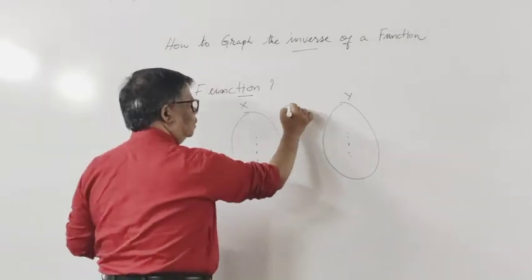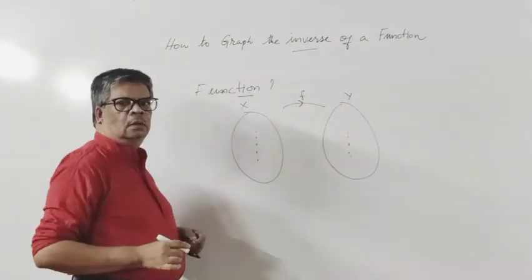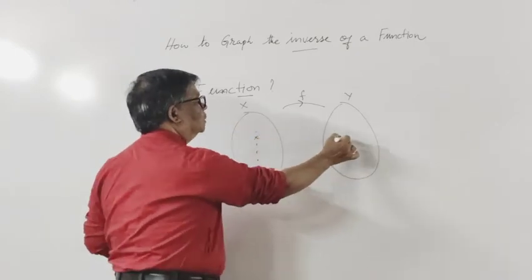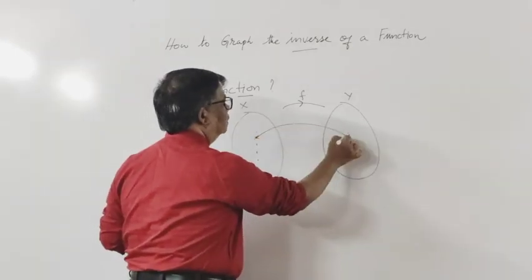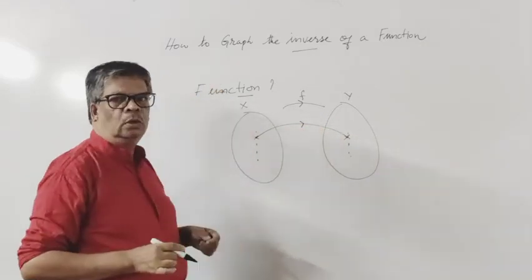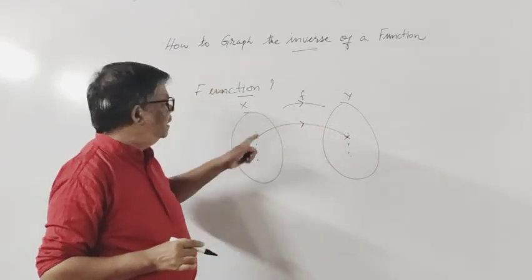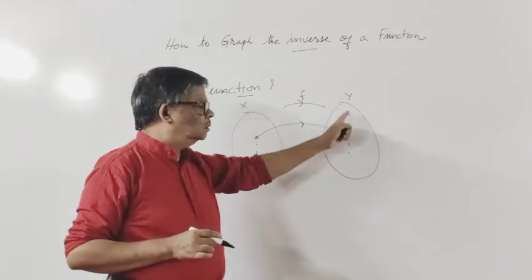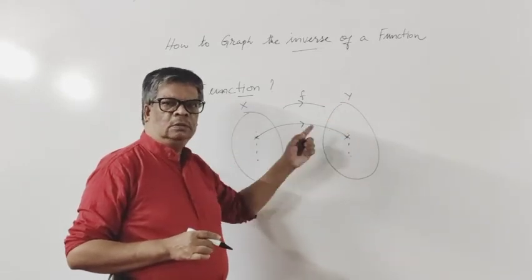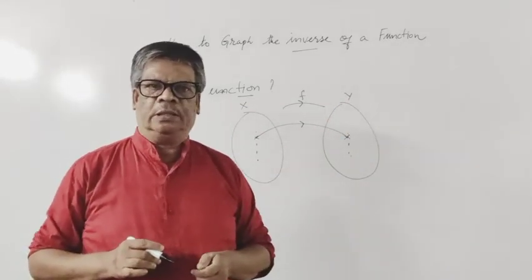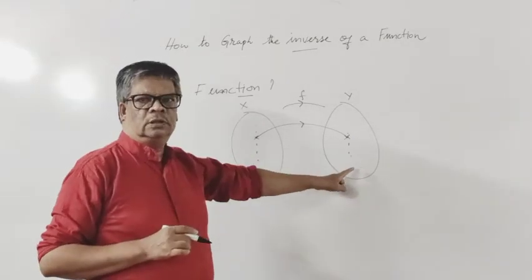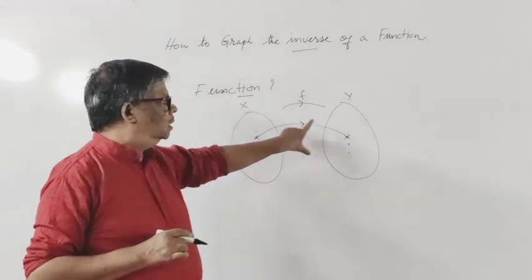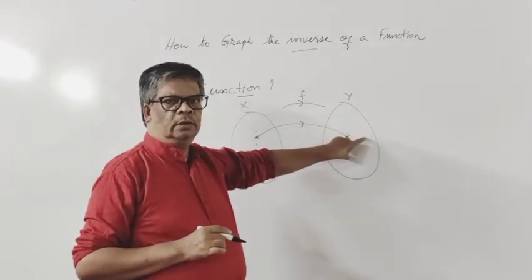Now we define a rule F which assigns every element of x with a unique element of y. This kind of rule is called a function from the set x to the set y. The set x is called the domain and the set y is called the codomain of the function.